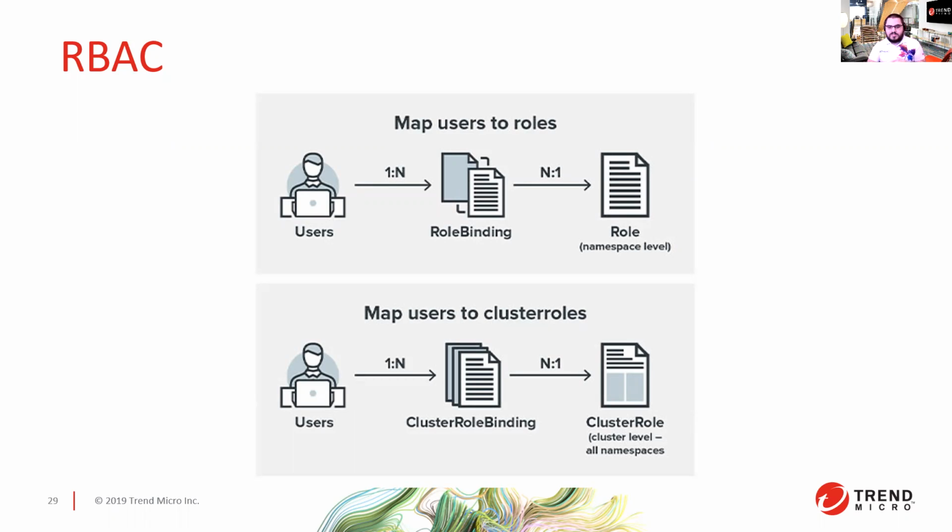And the other 2 objects there, ClusterRole and ClusterRoleBinding, are basically the same thing, but they're not tied to a namespace, and they will be applied at the cluster level, so all the namespaces on the cluster. So they are more permissive, so be careful with that.